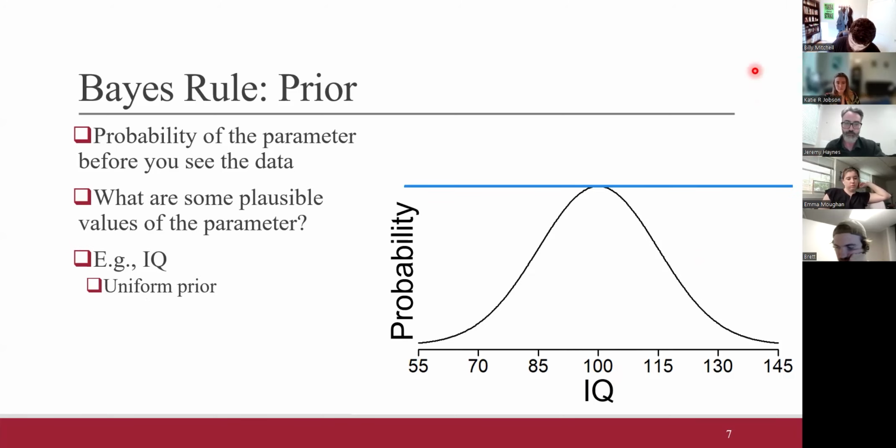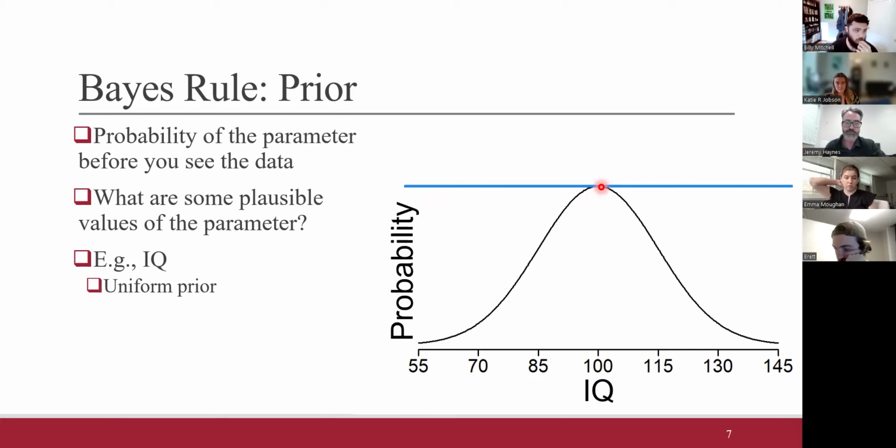Well, if we're using a uniform prior, we're essentially saying that the probability of getting an average IQ score of 55 is equally likely to getting an IQ score of 100. But we know that that's pretty unlikely in terms of IQ scores, that just before we've even seen some data, we know that that's a pretty unlikely scenario.